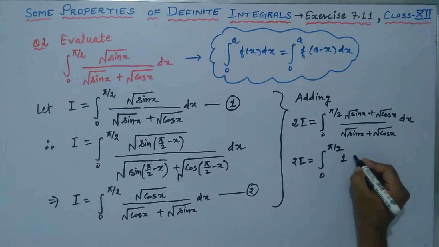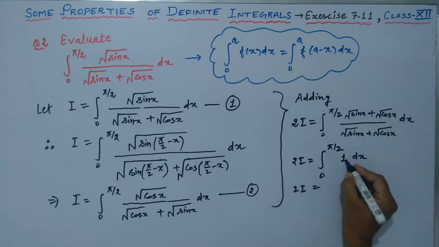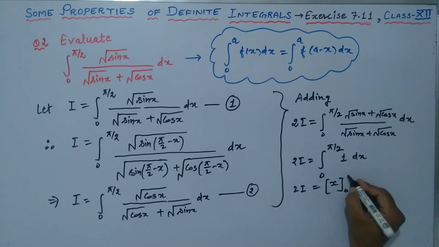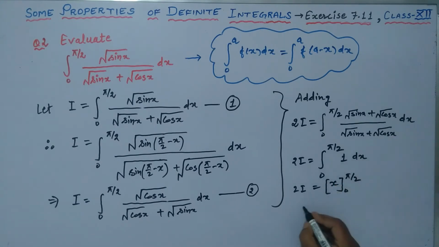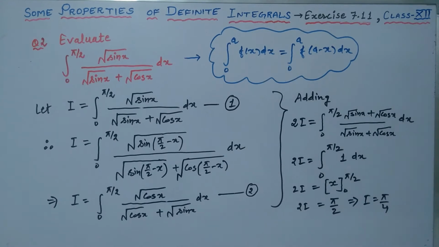We are left with 1. The integration of 1 is x. Again we put the limits 0 to pi by 2. So 2I is equal to pi by 2 minus 0. That means I is equal to pi by 4 is the final answer.